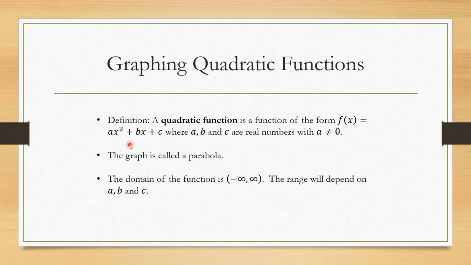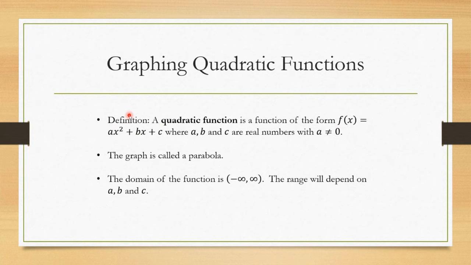It's a function that's defined this way, where f of x is equal to ax squared plus bx plus c. So the function is defined by a polynomial of degree 2. You know, quadratic, in other words.